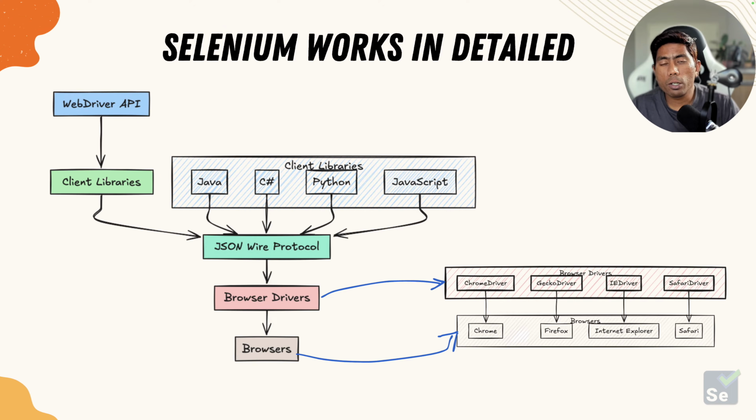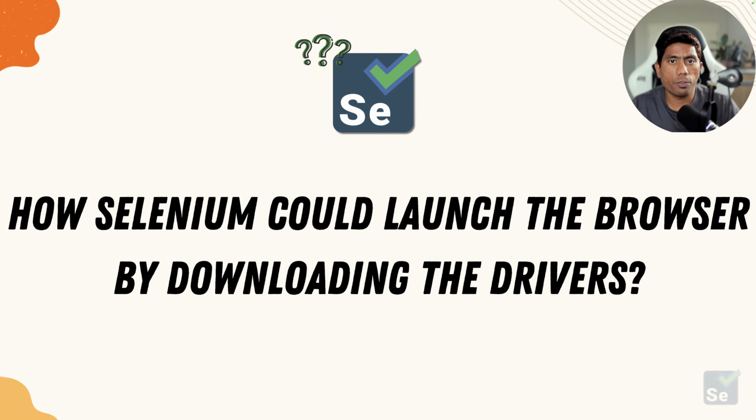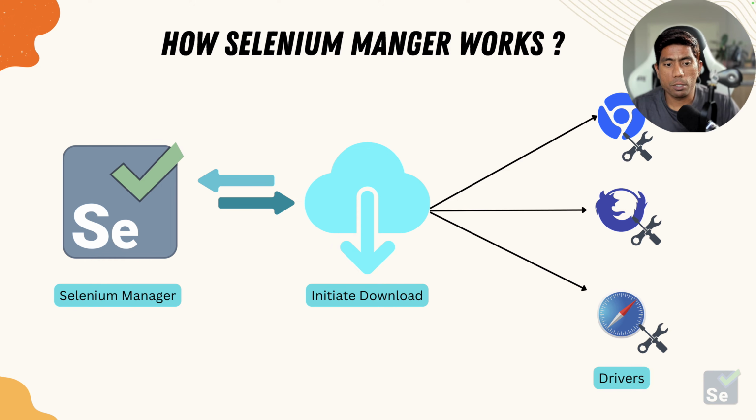It's all taken care of by what is called the WebDriver manager. So if you're wondering how Selenium could launch the browser by downloading the drivers automatically, as I told you, Selenium Manager is the one doing things for you behind the scenes. There is something called the Selenium Manager, which will be installed for you automatically once you install Selenium Java.